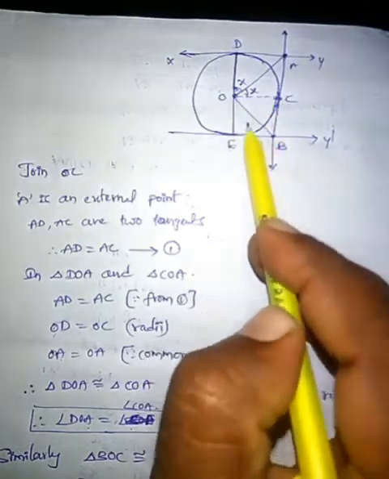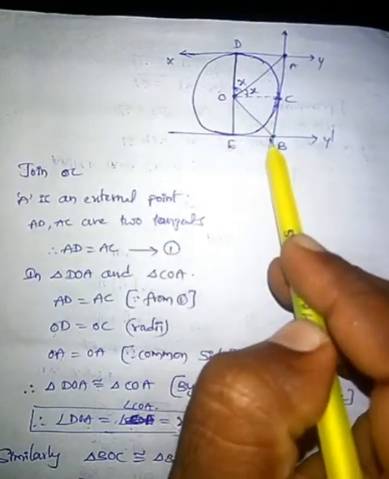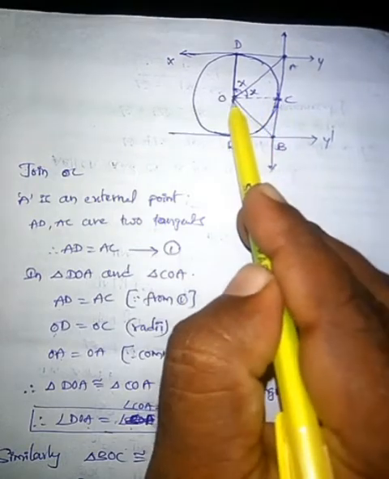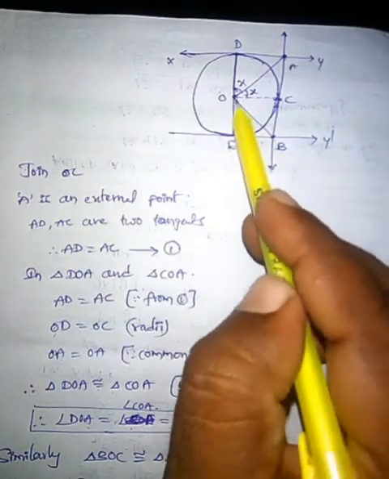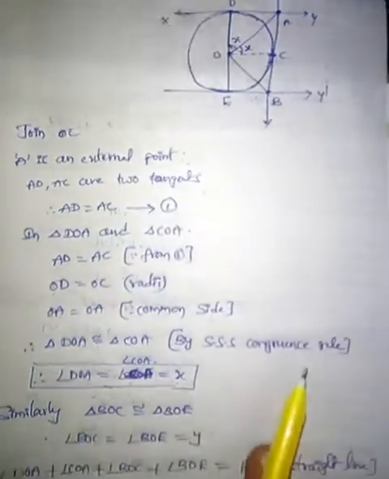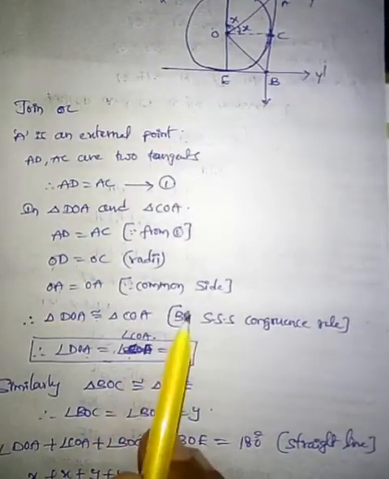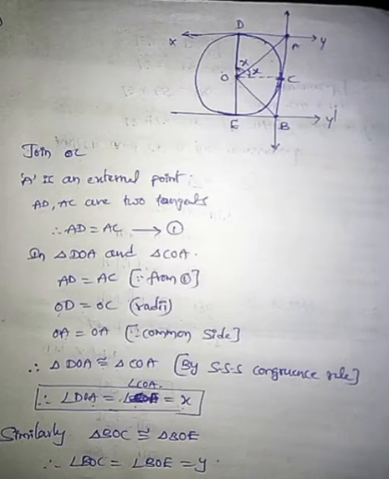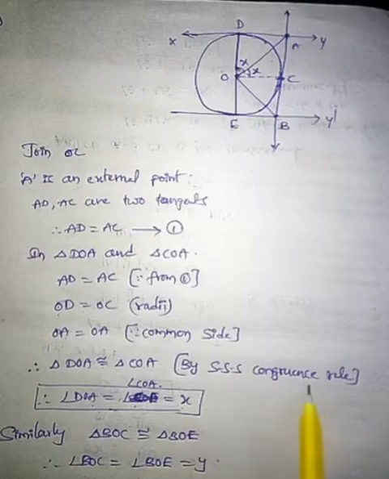Similarly, in the lower part we have two triangles, EOB and COB. If you compare these two triangles also, they are congruent by the SSS congruence rule.